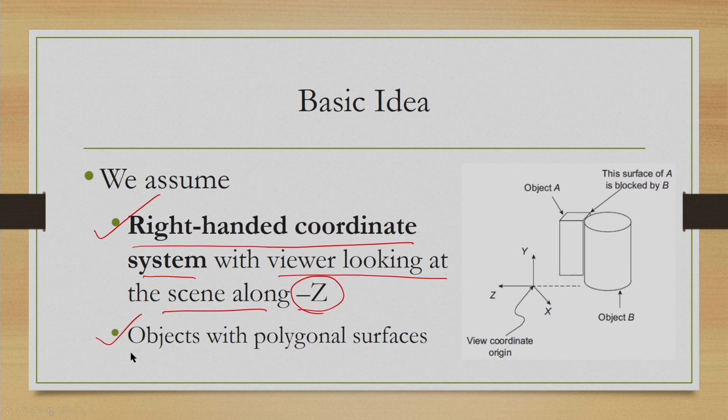Secondly, the objects whichever are there in the scene have polygonal surfaces. So, all the object surfaces are polygonal. These two assumptions we will make in order to explain the hidden surface removal methods.